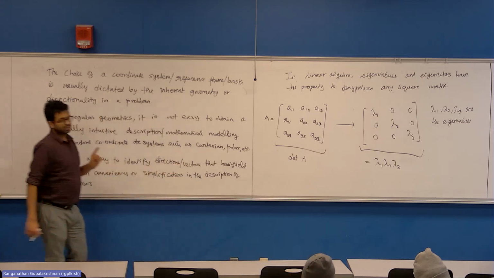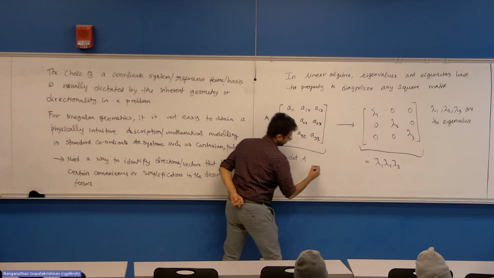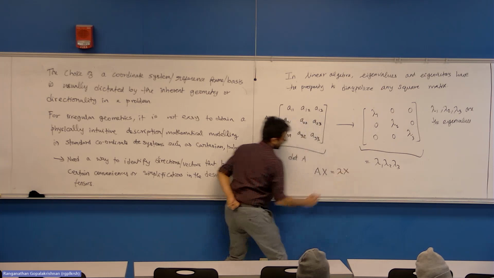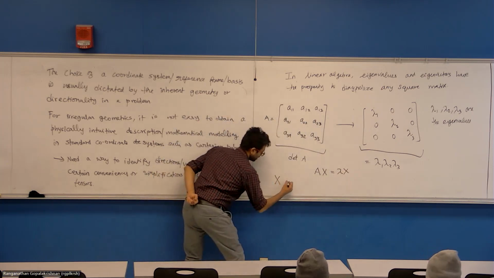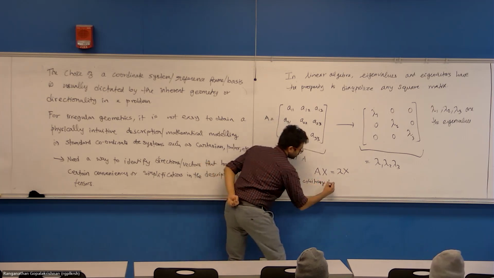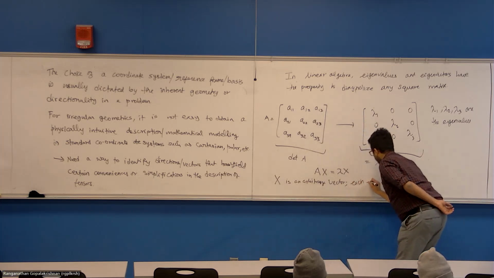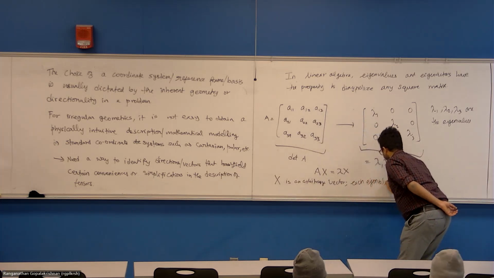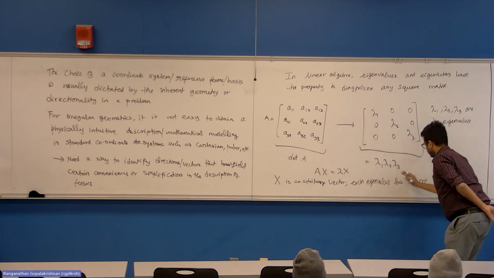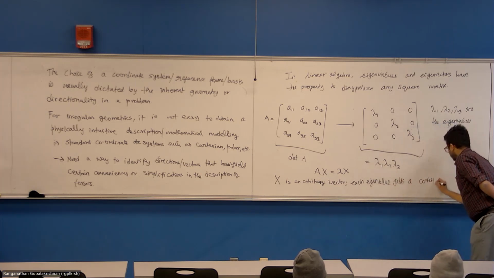And these eigenvalues satisfy a special property which is A times a vector x is equal to lambda times the vector x, where x is an arbitrary vector. Each eigenvalue yields a corresponding eigenvector.